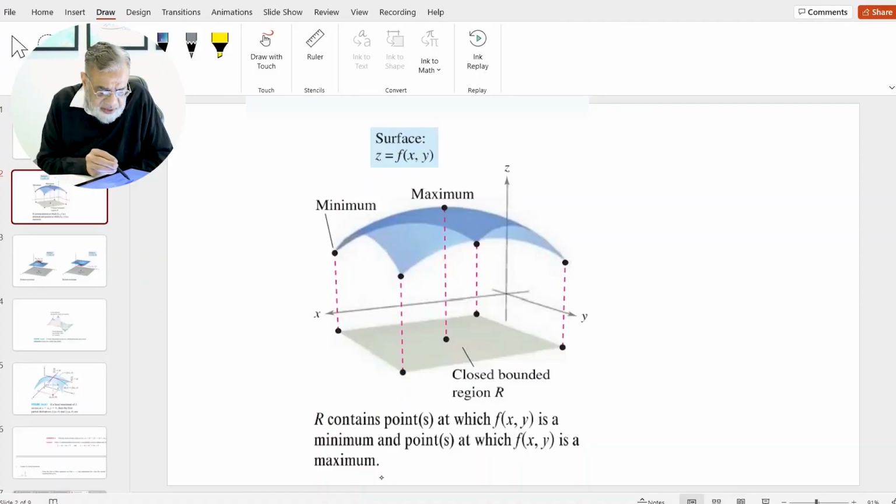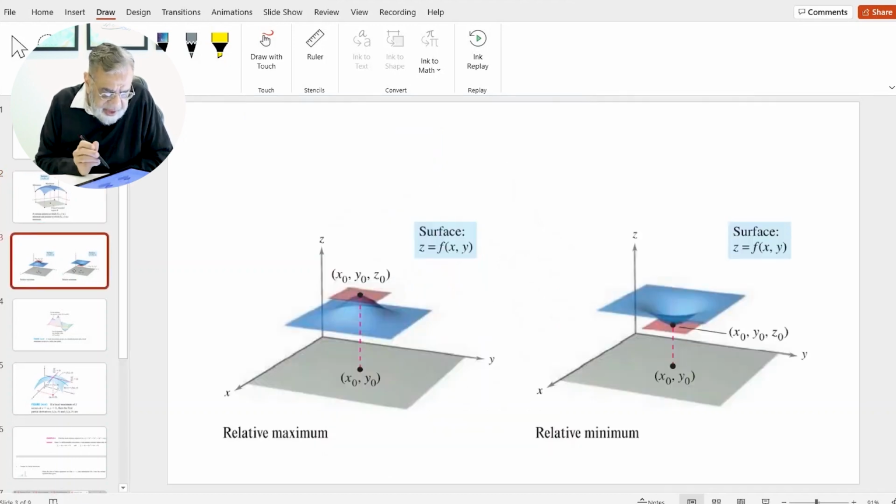Here you can see it in three dimensions, how we can discuss it. Here we have the surface, and this is a relative maxima. This point x0, y0 has the value on the surface z0. It is the highest from all other points, so this is a local maxima, and here is a dip, which is the relative minima.